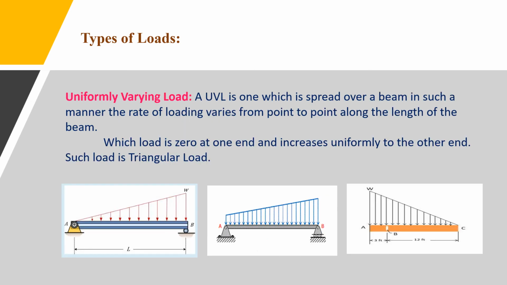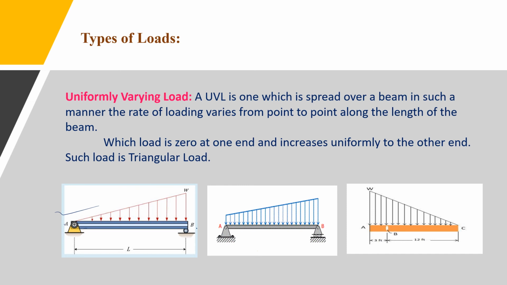Coming to the uniformly varying load. The uniformly varying load is spread over a beam, and the rate of loading varies from point to point along the length of the beam. Now in this first figure you can see this is point A and this is point B. At point A the load is 0, and at point B the load is maximum.